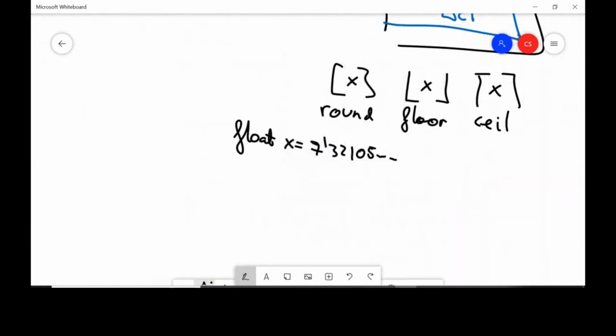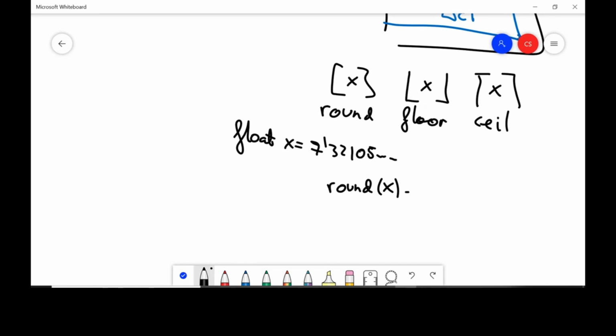Making the round of x, of x as a floating number, it will take some time in the computer. So there is a trick. This is equal to taking the integer part of x plus 0.5.